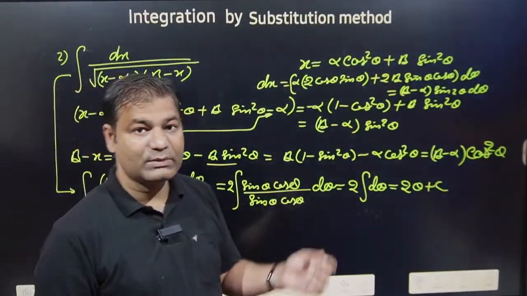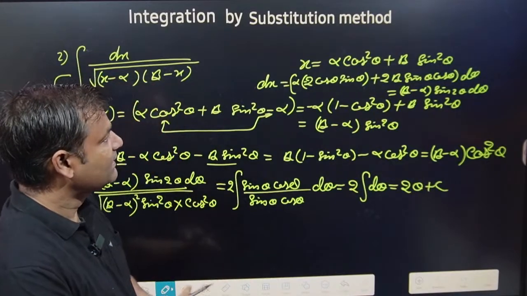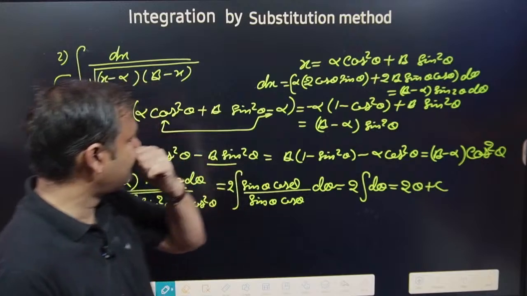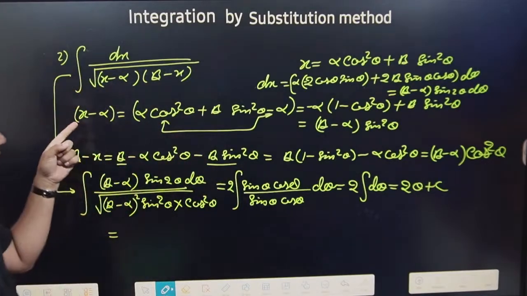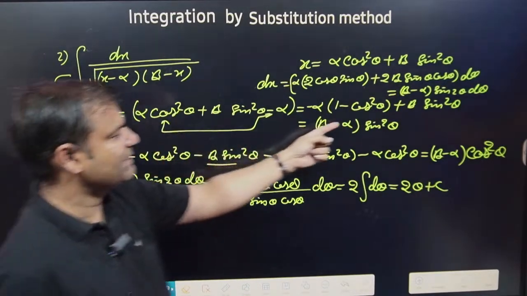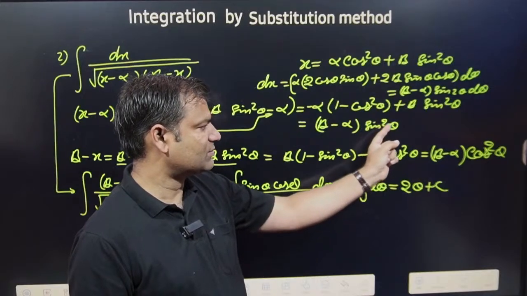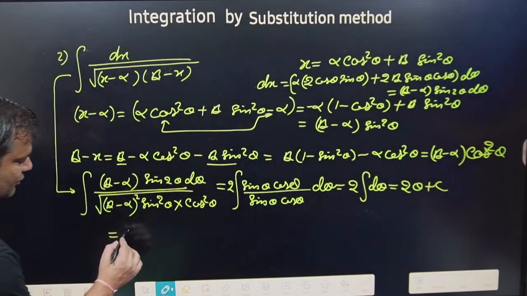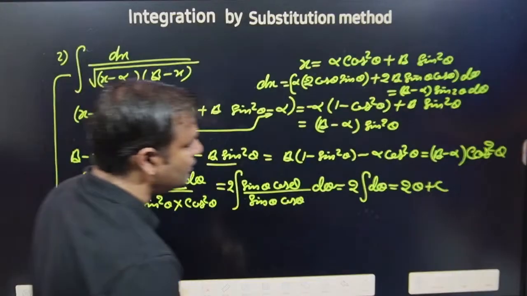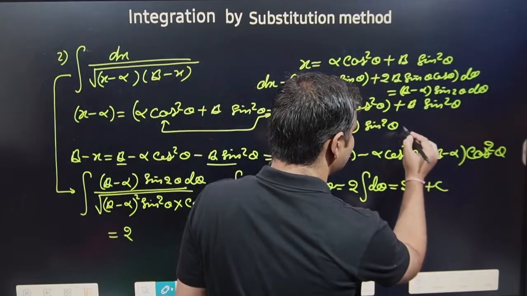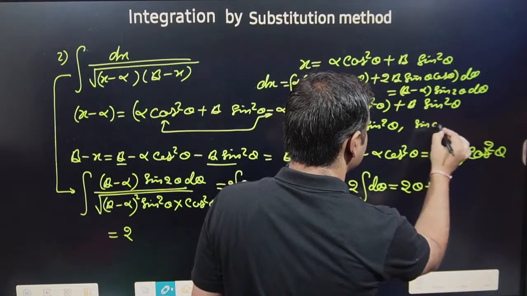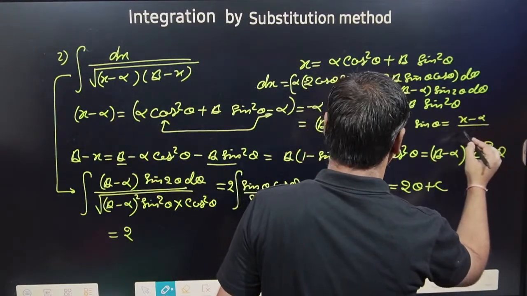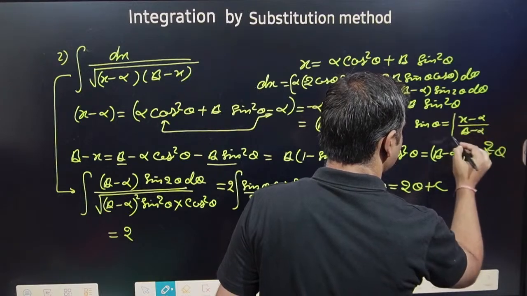Now, what about theta? Look here, x equals a cos square theta plus b sin square theta. Here x minus alpha equals beta minus alpha into sin square theta. So sin theta is the root of x minus alpha divided by beta minus alpha.